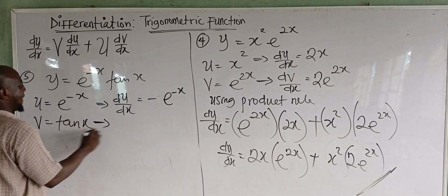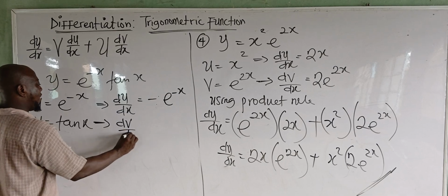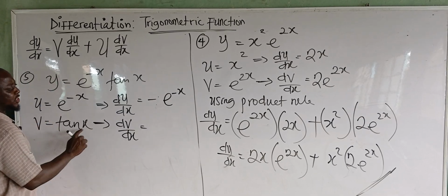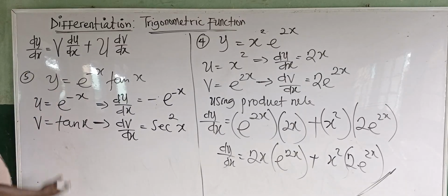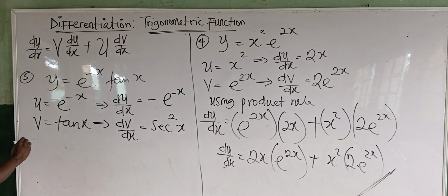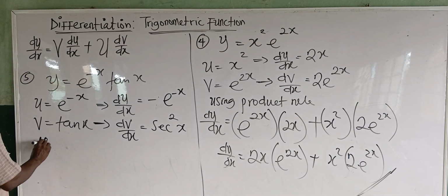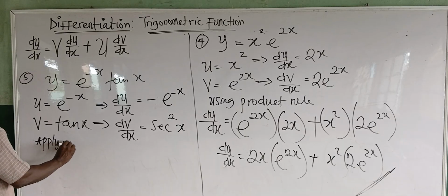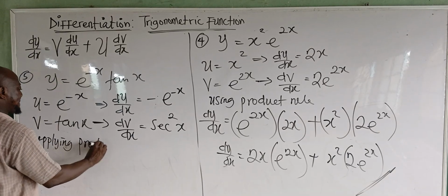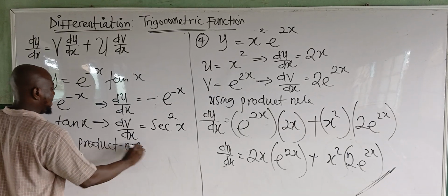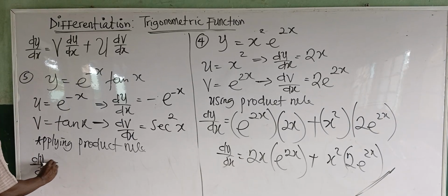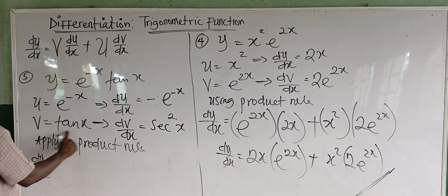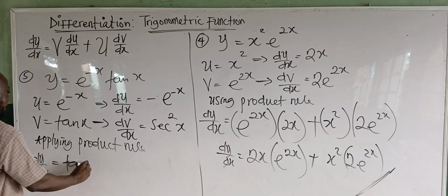So what do we know here now? We say our dv over our dx here is what? Differentiate this. We have sec squared x. I told you that. So applying what? Applying the product rule. I have this value. Now, what is my v originally? My v is tan x.